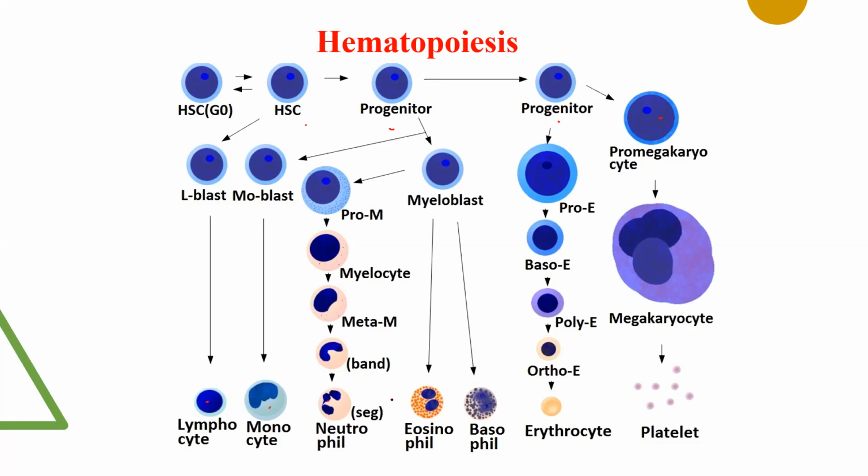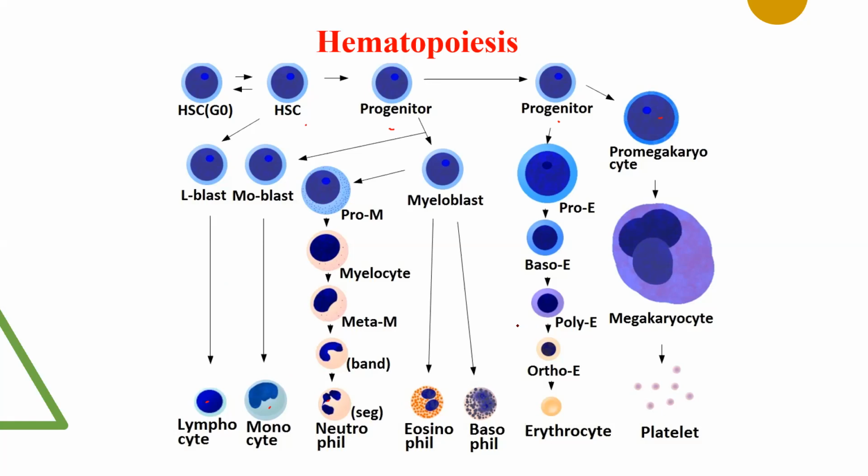Monocytes, neutrophils, eosinophils, and basophils all play an important role in innate immunity. Neutrophil, eosinophil, and basophil are granulocytes, whereas monocytes are agranulocytes. So this is how the cells of the immune system originate.